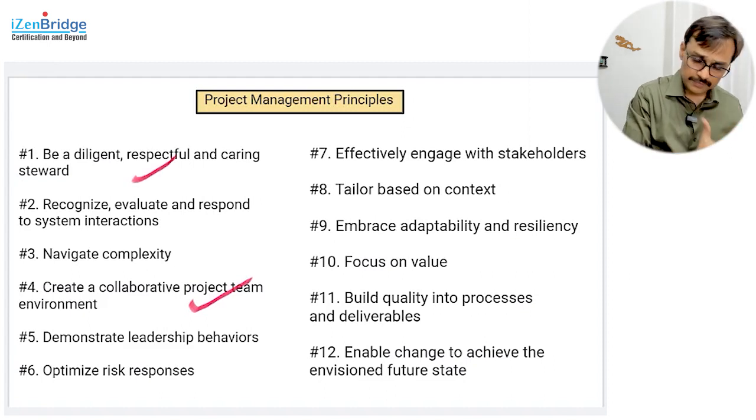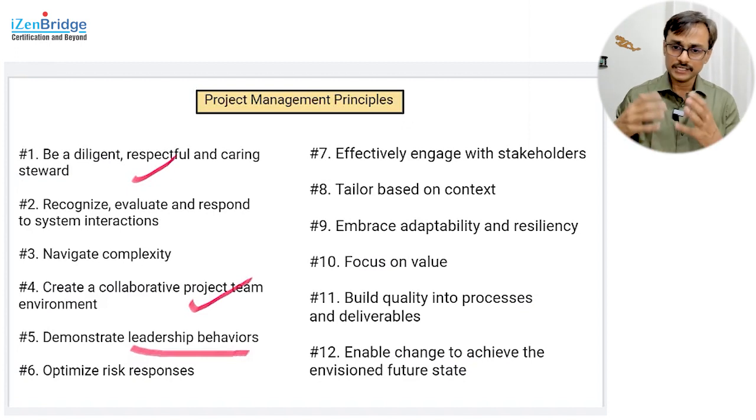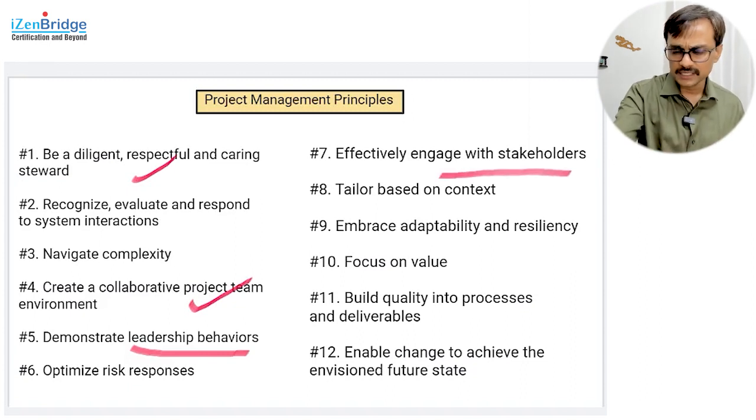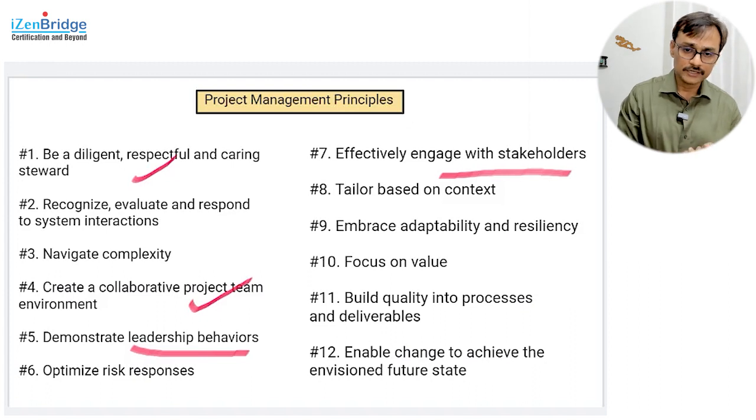I need to care for people, team members, organization, resources. I need to demonstrate leadership behavior, and leadership is all about growing others. Leadership is all about influencing others. So this task also includes that. And I need to keep engaging with these stakeholders. Maybe engagement is not directly linked to this particular task, at least. But yeah, these 3 principles are pretty much linked with our task, which is in focus today.